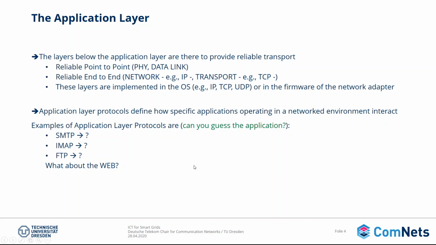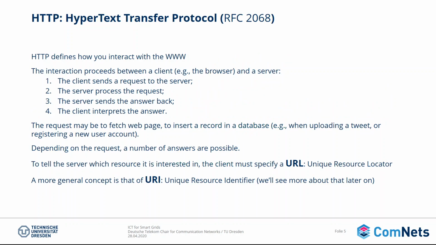All right, so the next question becomes, what about the web, right? What about the internet? What is the application layer protocol used there? Now, for the World Wide Web, HTTP is used, which stands for HyperText Transfer Protocol. Now, HTTP defines mainly how you interact with the World Wide Web as a client-server interaction.